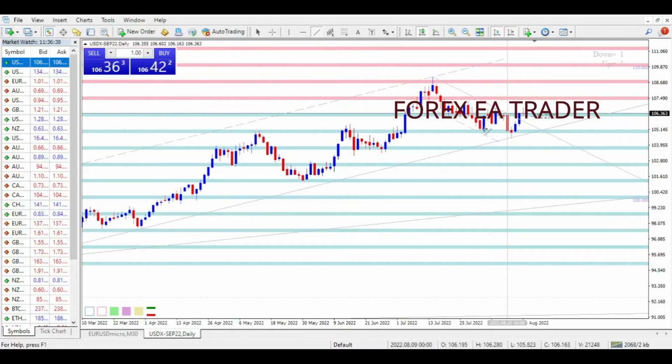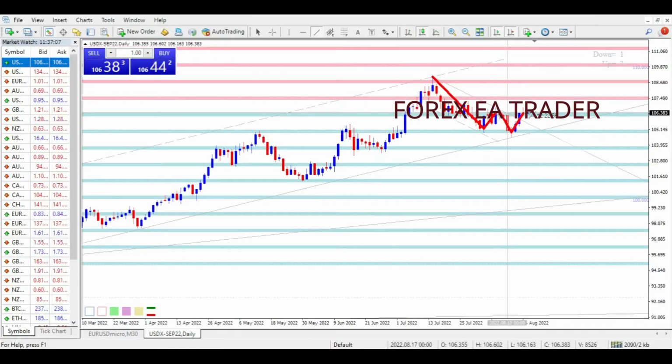But notice also that we have a kind of W pattern formed here. It remains to be seen if it's going to complete as a W pattern, but basically we are at the neckline regarding the dollar index, which means it might continue going this way. It's a game of probabilities.